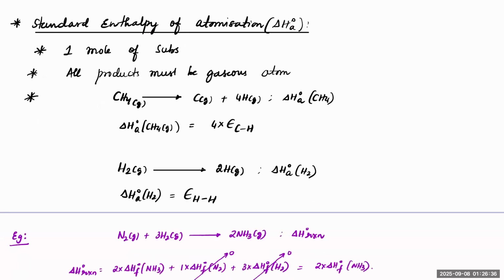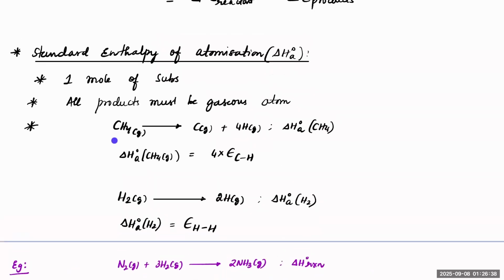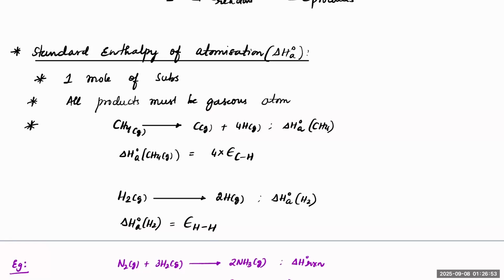Check. CH4 is giving out C plus 4H, and the amount of energy required is delta H of atomization. Next, delta H of atomization of methane is equal to 4 times epsilon C-H, because you notice that we are breaking basically 4 same bonds.